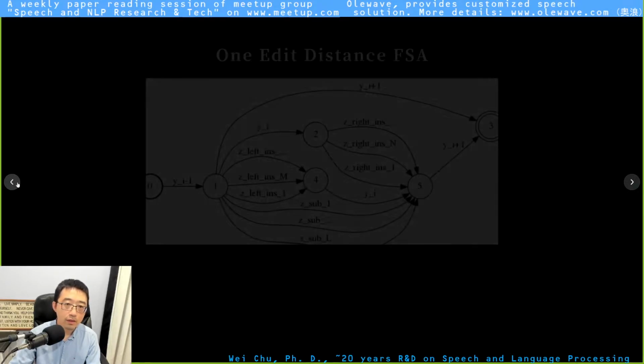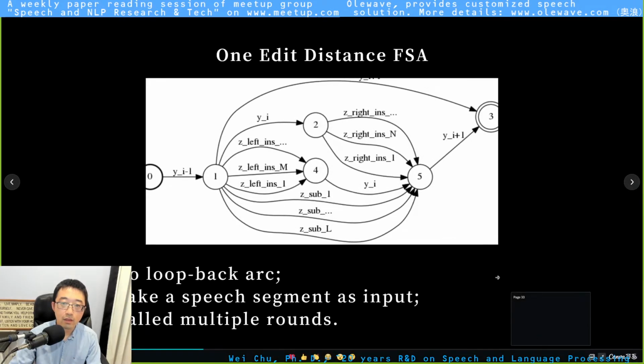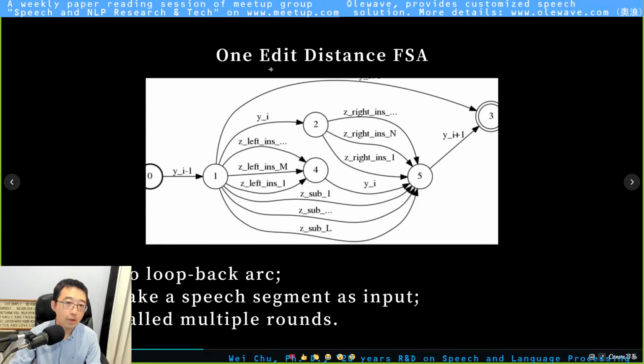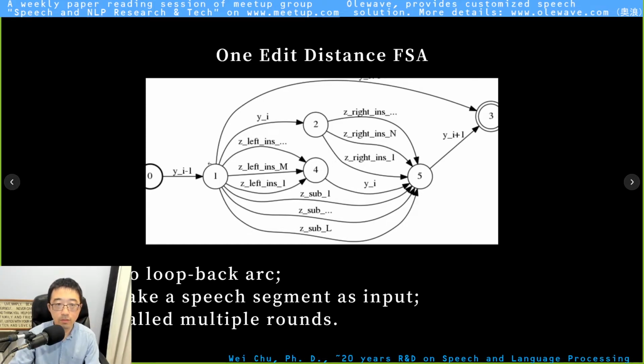Another thing I want to mention is why we don't use 2 edit distance, which has a lot more transitions from nodes. I think it's possible to have that, but first of all, I want to reduce the search space, because if you look at a phone decoder, the search space is enormous.